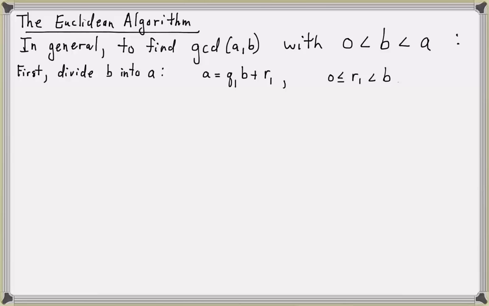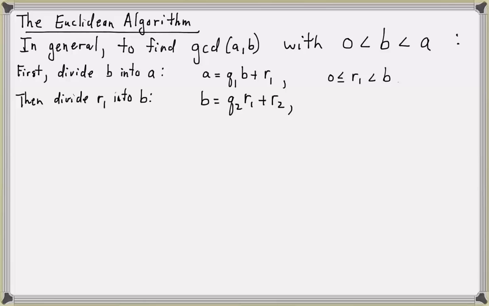Then I'm going to take this remainder R1 and divide it into B. So I can write B as a quotient, I'm going to call it Q2, times R1 plus a new remainder, let's call that R2.